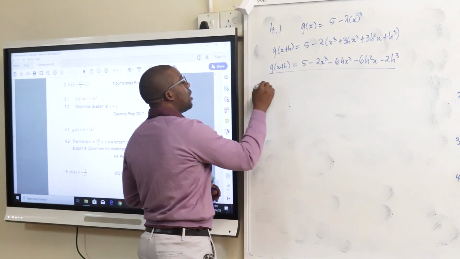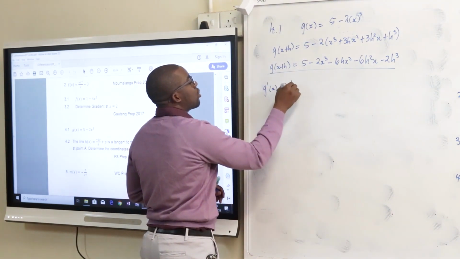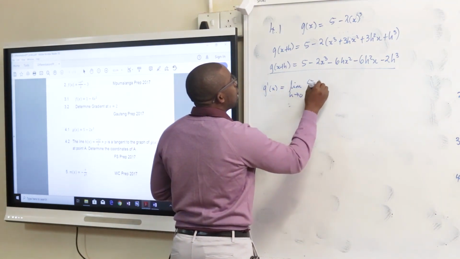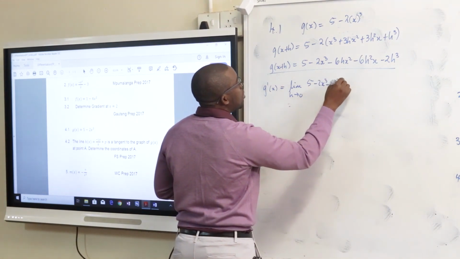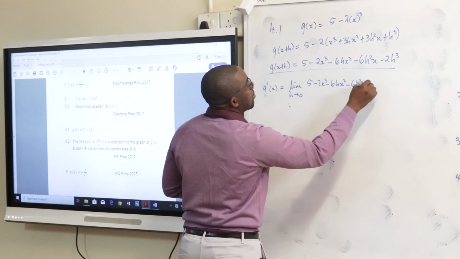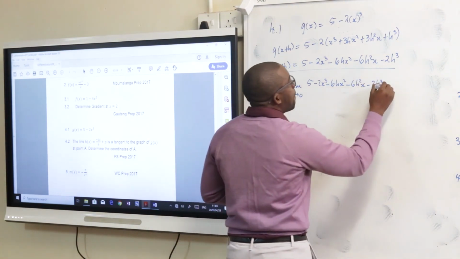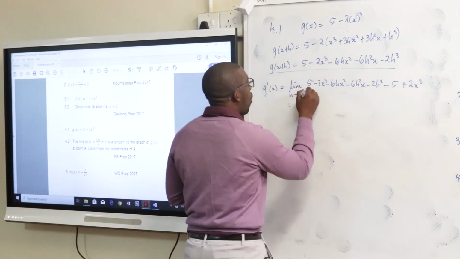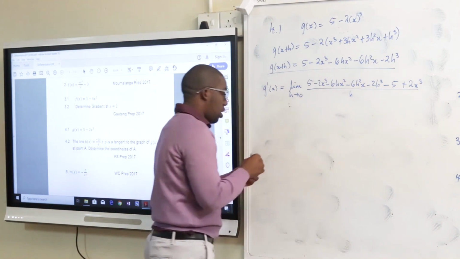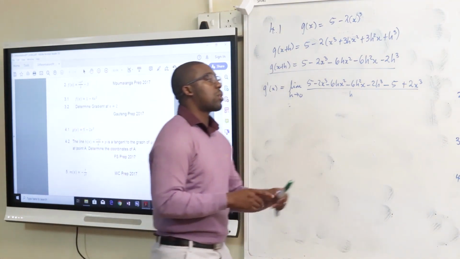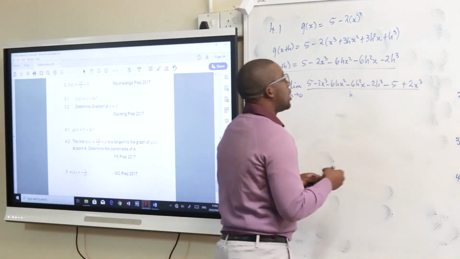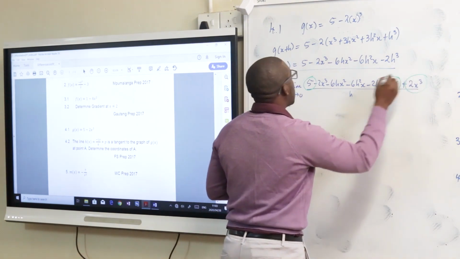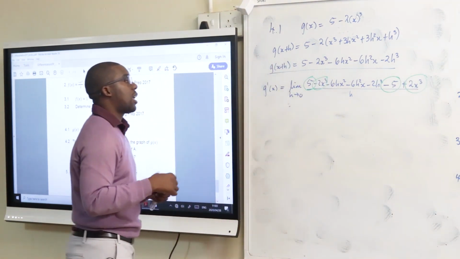Second step, g prime of x is equals to limit as h goes to 0 of 5 minus 2x cubed minus 6hx squared minus 6h squared x minus 2h cubed minus 5 plus 2x cubed all over h. Step number 2 says we have to cancel out terms from the original function. That is exactly what happens. This will cancel that, and this will have the effect of cancelling that one out.